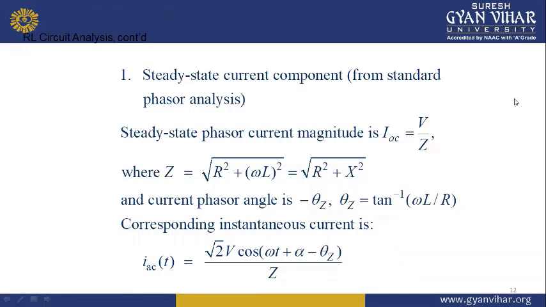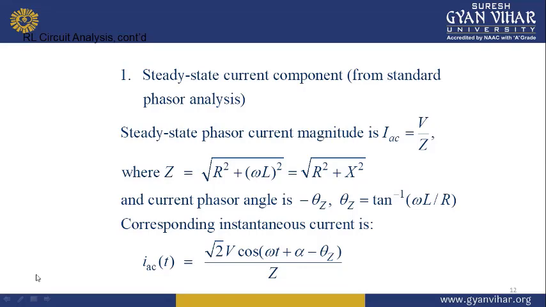The steady state component from the standard phasor is given by root 2 V cos of omega t plus alpha minus theta z upon Z. The steady state phasor magnitude is IAC, which is equal to V by Z in phasor values, where Z is equal to the square root of R squared plus omega L squared, which is R squared plus X squared, and the current phasor angle is minus theta z.